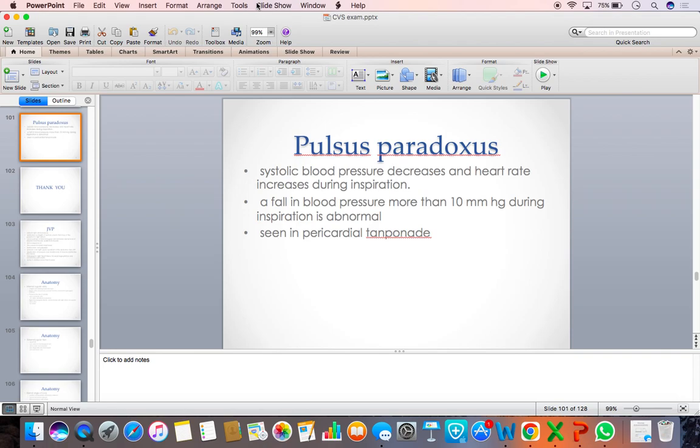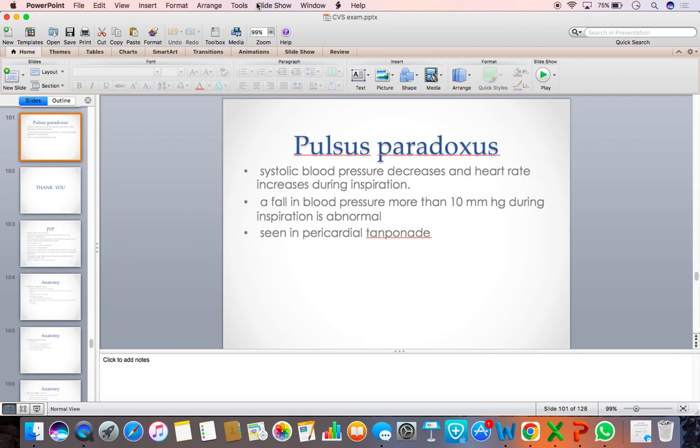A fall less than 10 mmHg is normal. If the fall of blood pressure is more than 10 mmHg during deep inspiration, it is abnormal. Seen in pericardial tamponade. Right? So why pericardial tamponade?